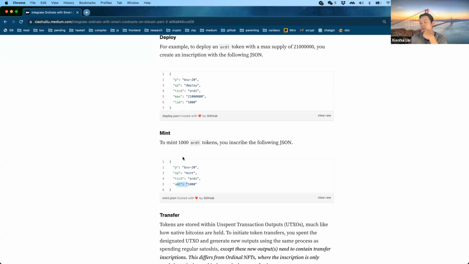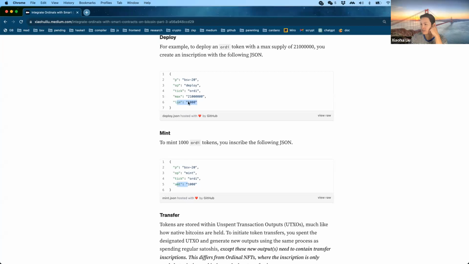This is a little bit different from a so-called ERC20. In this case, you deploy, then you mint many times. With ERC20, usually when you first deploy, you also issue all the supply to the issuer or some kind of admin.